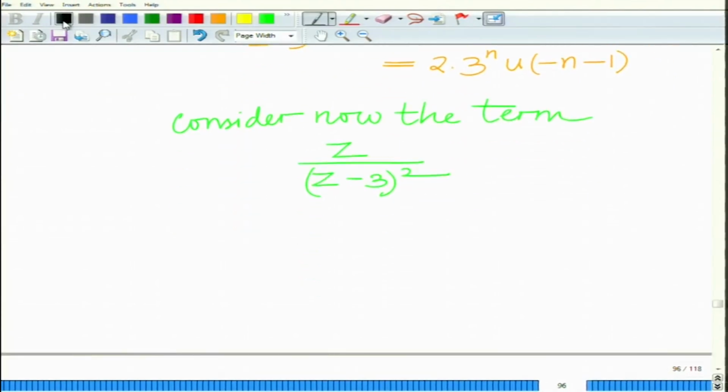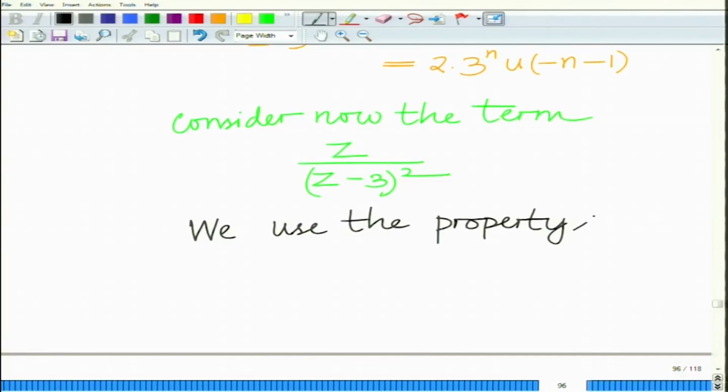Now, to evaluate the inverse Z transform, we use the following property: minus z d over dz of X tilde(z).